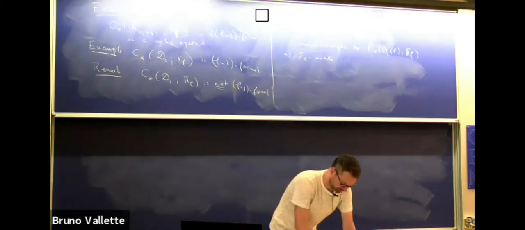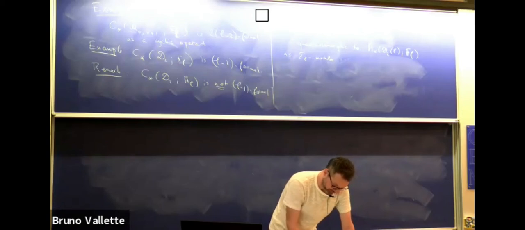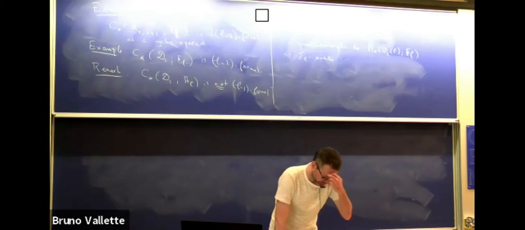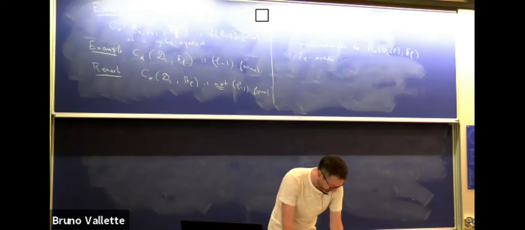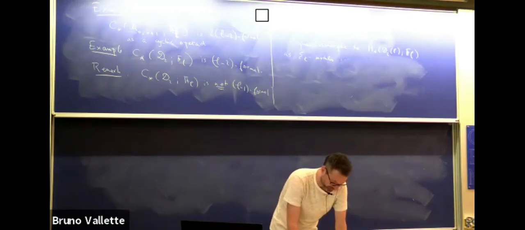So maybe in the interest of time, I'm going to just state this theorem for associative algebra. But in fact, in the paper with Gabriel, it's a bit more general.